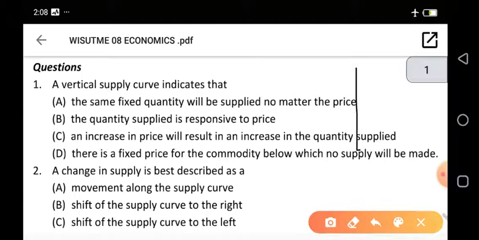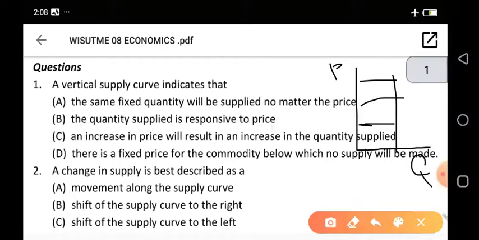So now this is how a vertical supply curve will look like. This is the price region and this is the quantity region. So meaning irrespective of the price, the same quantity will still be supplied.